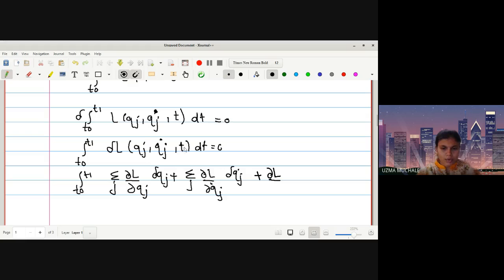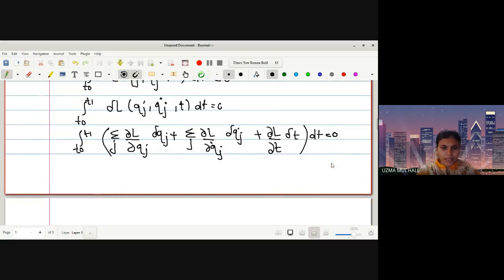As there is no parameter j here, we can simply write ∂L/∂T instead of a summation, into δT, dt equal to 0. Any doubt with this step?